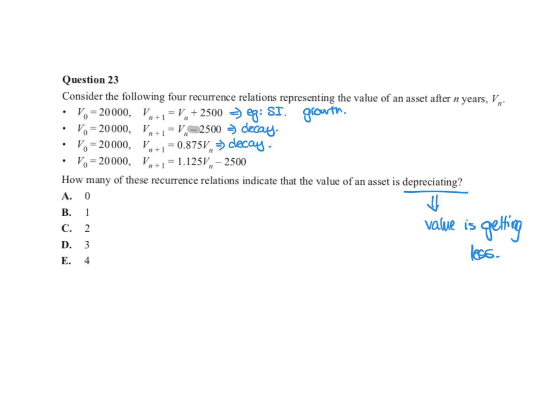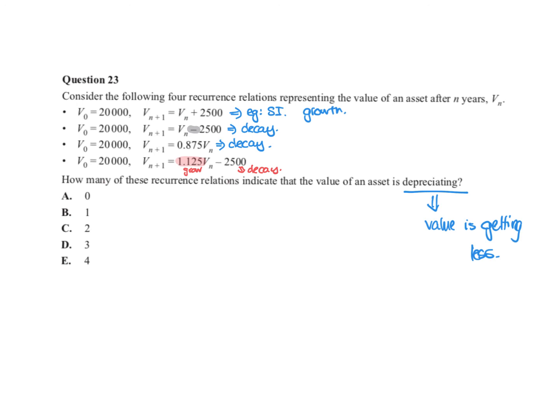Okay, now looking at this last one, if you look here, this part here is making it grow, yeah? Where this part is making it decay, yeah? So what we need to double check is that the growth, is it more than what it's decaying by, okay?